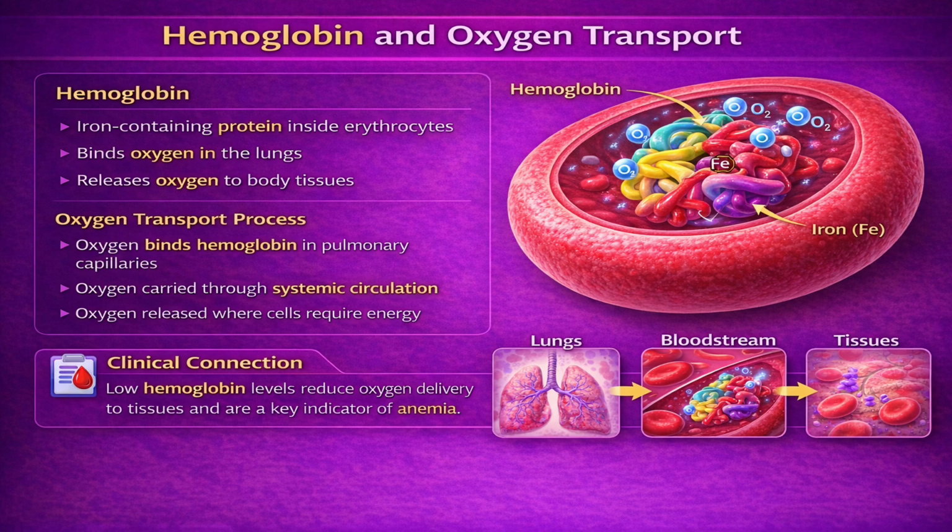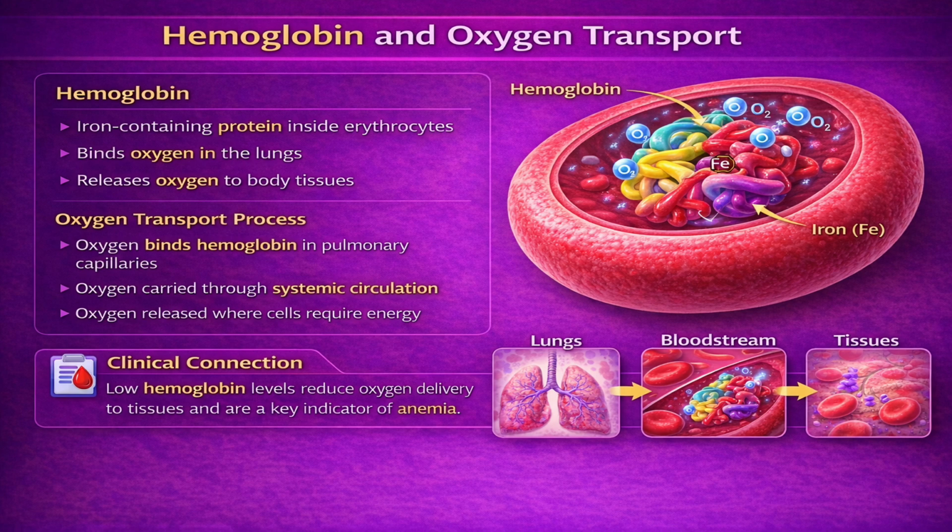When erythrocytes reach tissues where oxygen is needed for cellular metabolism, hemoglobin releases the oxygen molecules. These oxygen molecules then diffuse into surrounding cells where they support the production of energy through cellular respiration.